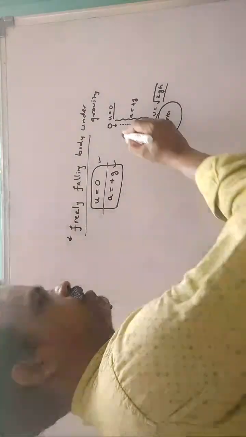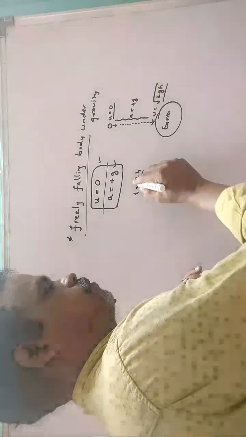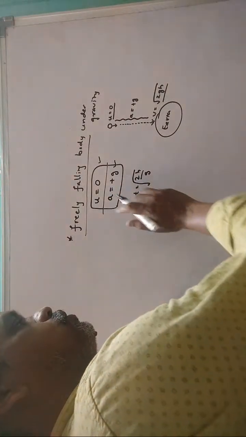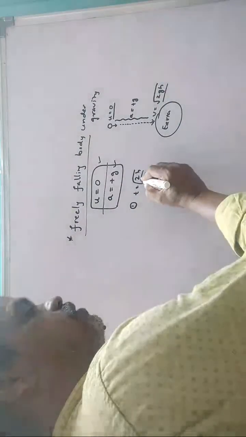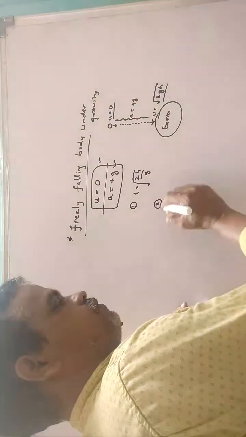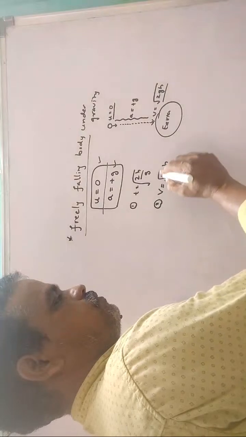Time, we already calculated, is root 2h by g. So for a freely falling body, the time taken to reach the ground is root 2h by g. Second, the final velocity before reaching the ground is root 2gh.